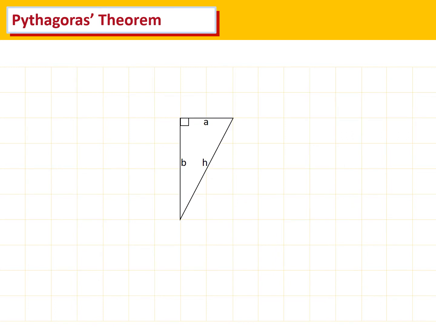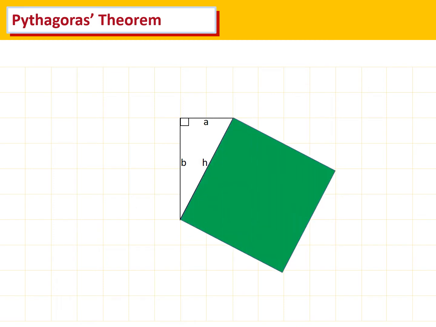There's a right-angled triangle with lengths labelled a, b and h. h is for hypotenuse because it's the side opposite the right angle. And the area of the square on the hypotenuse, which we call h squared, that's the area of the green square because the length of each side is h.